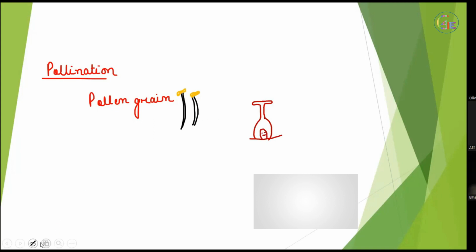Okay. Can you tell me what is the name of these organs? What is this? The pollen grain. The whole structure is not a pollen grain. It's called an anther, is it not? Yeah, it's an anther, or you can say the male reproductive organ.